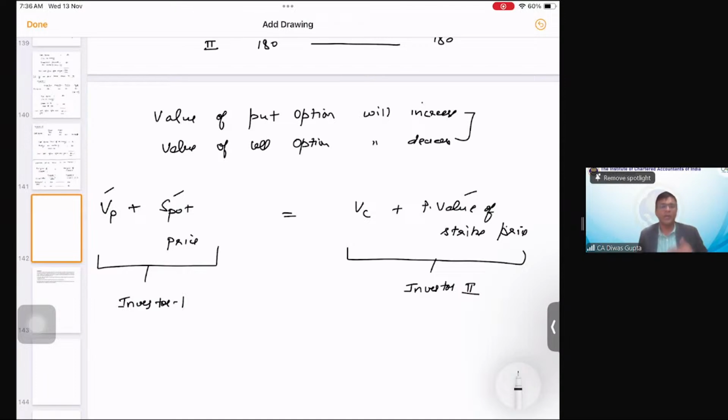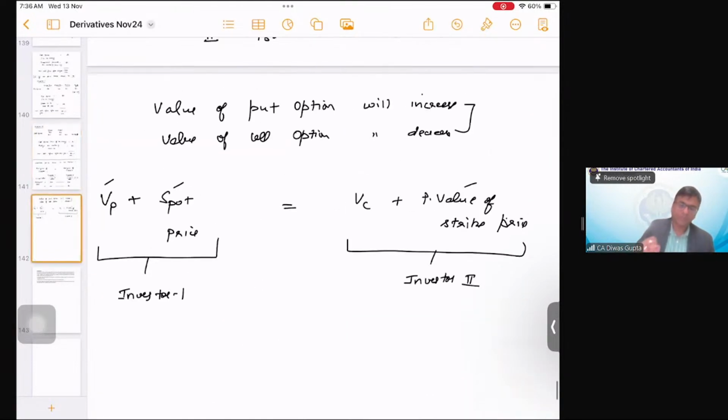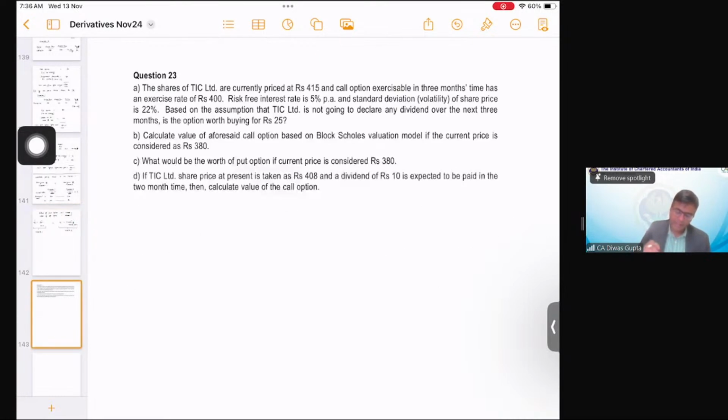Or if you want to calculate the value of the put option, that also you can do. Clear? Any doubts till now, students? Please do let me know till here. Okay, if not, then let's continue with question number 23.